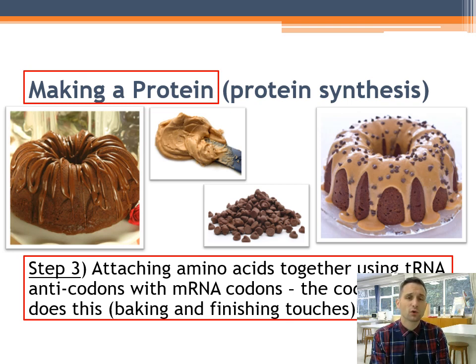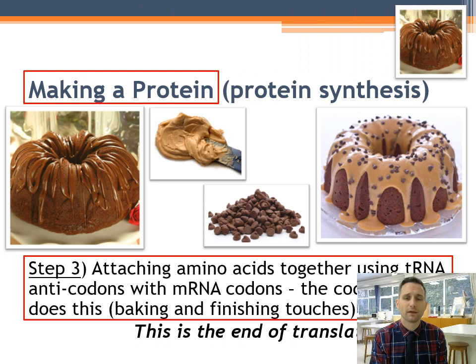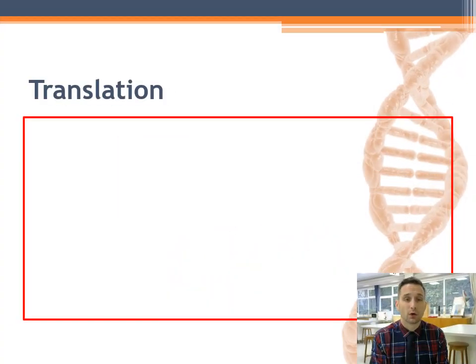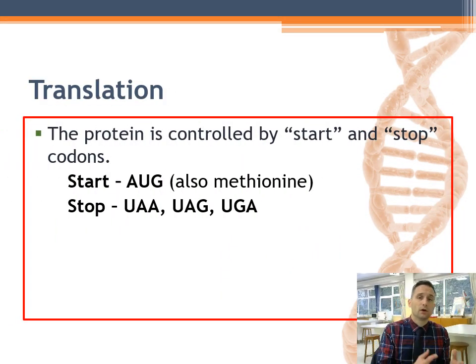Now I use some words in step 3 that I think it's important that we define. So we know that the protein is controlled by the start and stop codons. The only reason I put this in a red box is because AUG is the only codon you have to memorize.